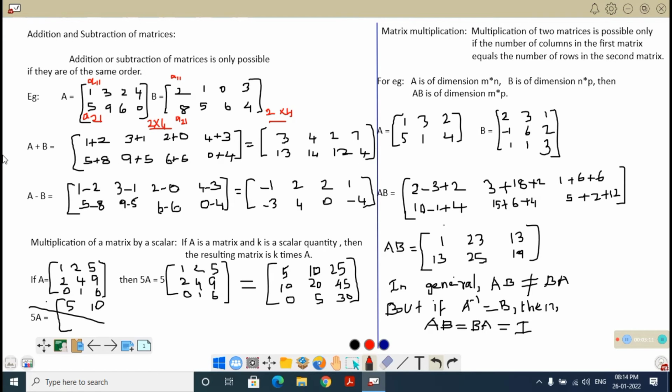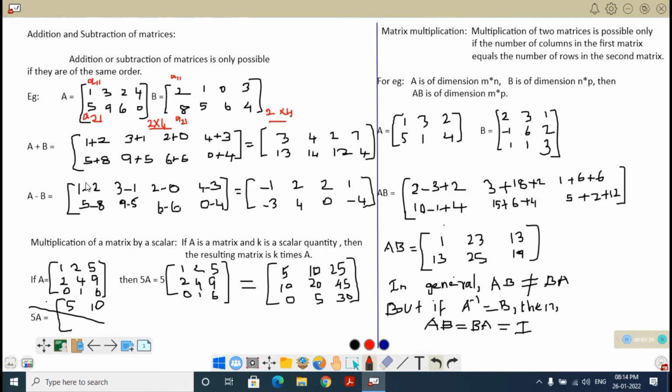So the addition, and I repeat, the addition or subtraction of matrices is only possible if they are of the same order. So coming to the subtraction part, the same procedure is followed. Instead of adding, we are subtracting the corresponding elements of the two matrices.